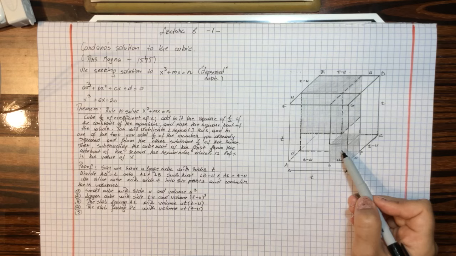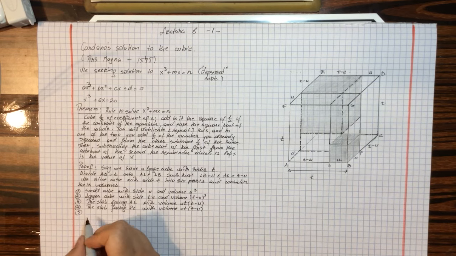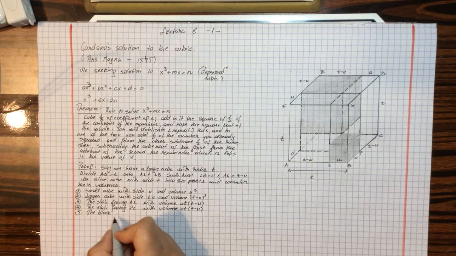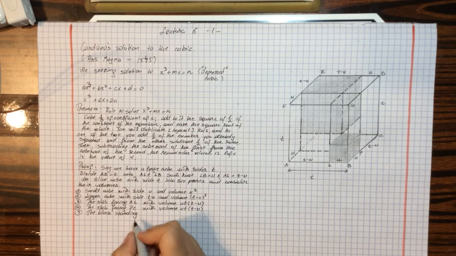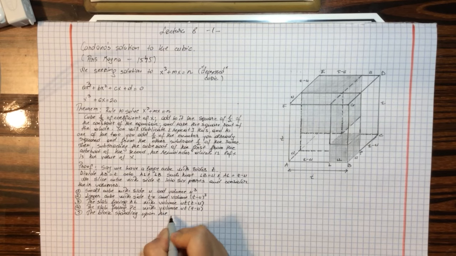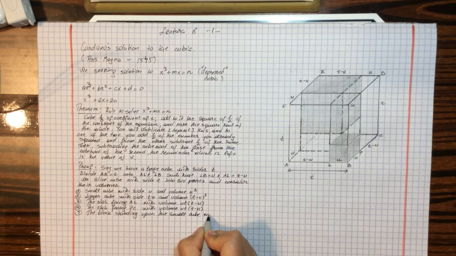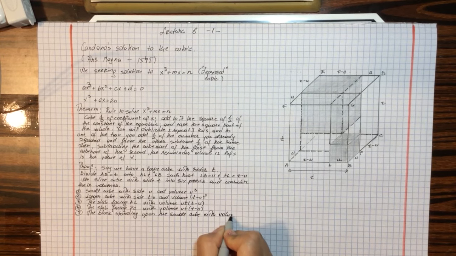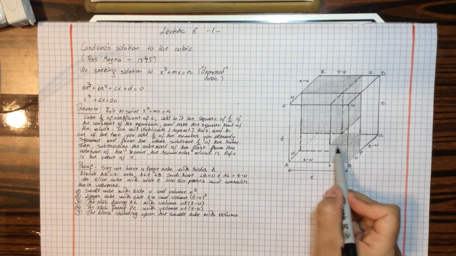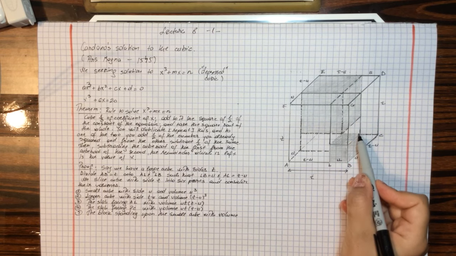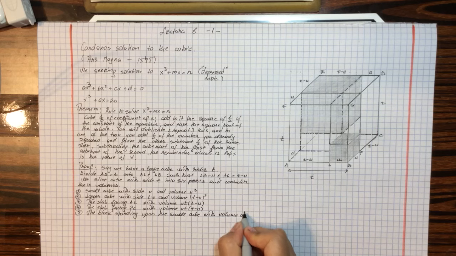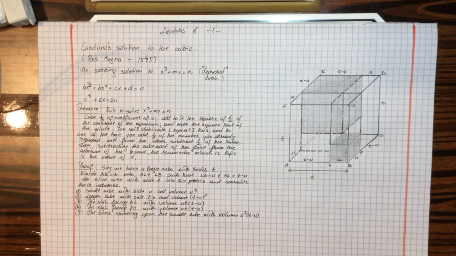So it's the block standing upon the small cube, with volume u squared times t minus u.